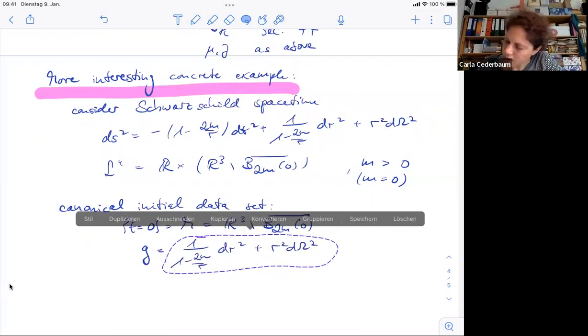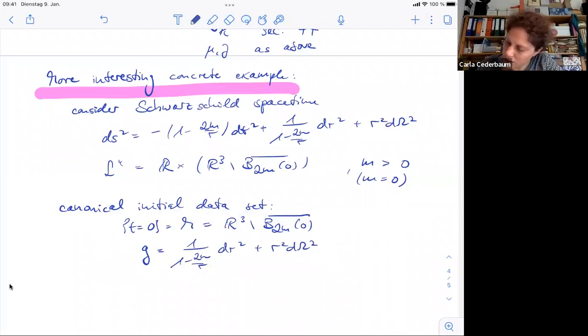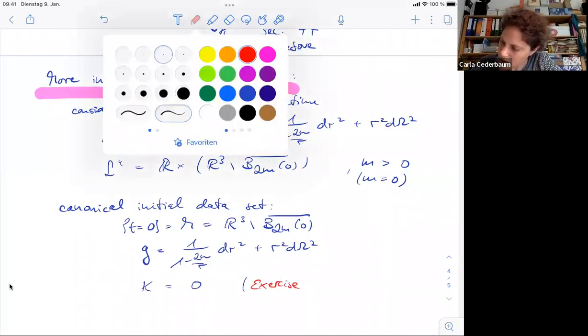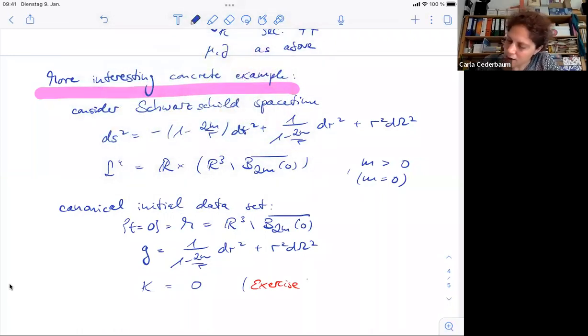Okay. And K, if you compute it, this is left as an exercise. And T here is 0, and accordingly mu and J vanish here, which is because the Schwarzschild spacetime solves the vacuum Einstein equations. Okay, so this is the canonical initial data set I showed you a second ago.